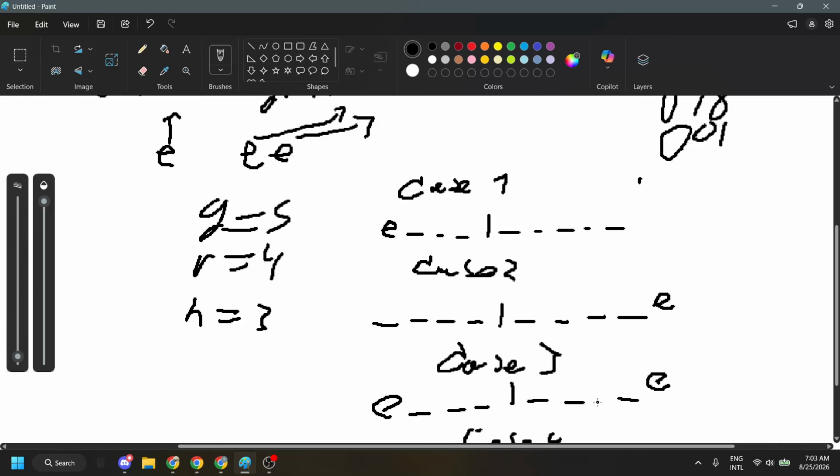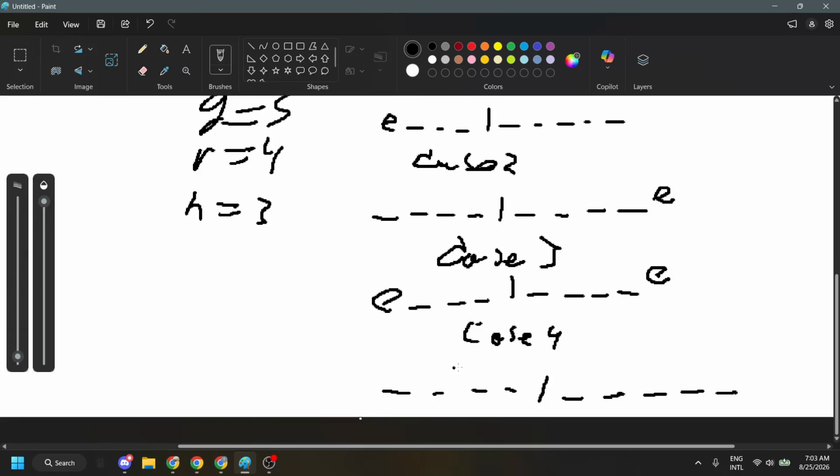So in these cases, the E's will be somewhere in here and they will have two sides. But here there's only one side, here there's only one side, and here both of these only have one side.